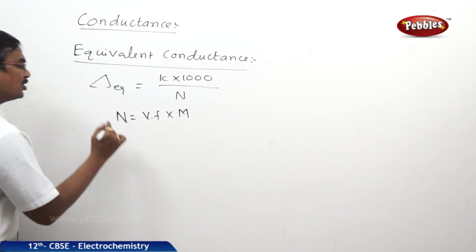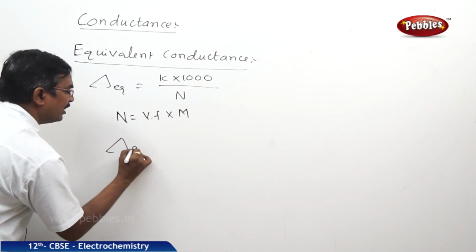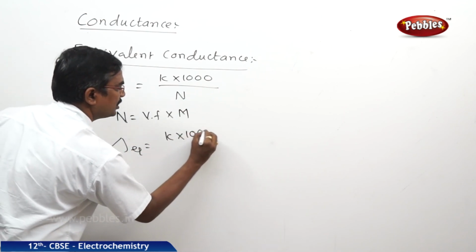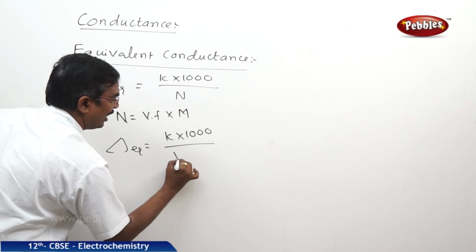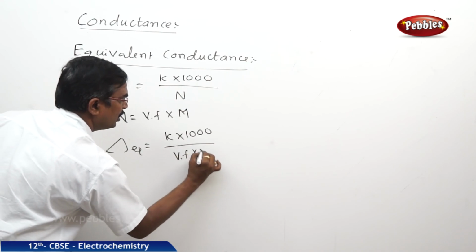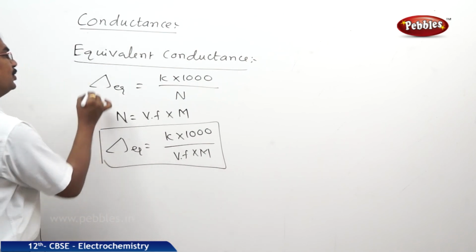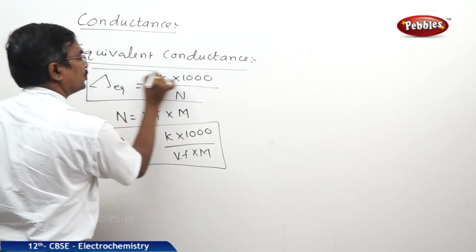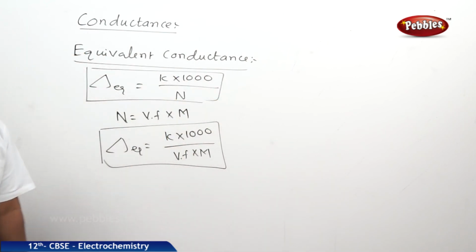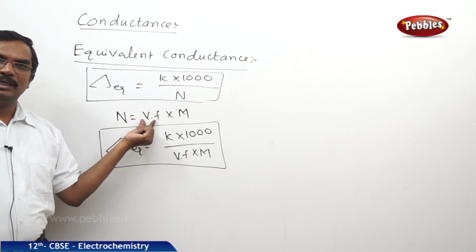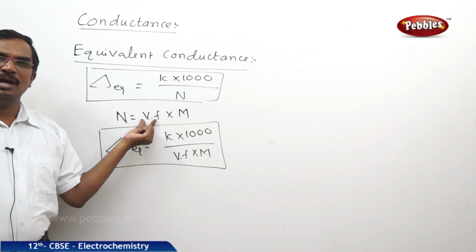That's why we can also write the expression as the equivalent conductance is nothing but K into 1000 divided by valency factor into the molarity. So these we can use accordingly to solve the problems. This is based on the concept of stoichiometry, especially strength of the solutions or the concentrations of the solutions.